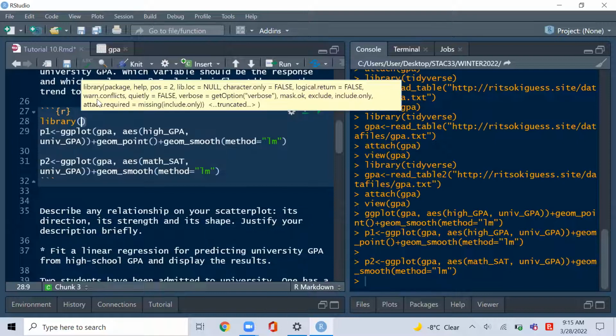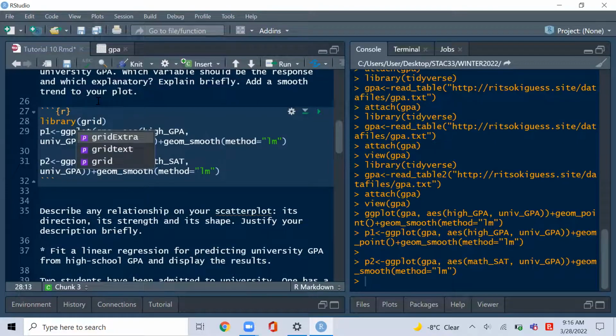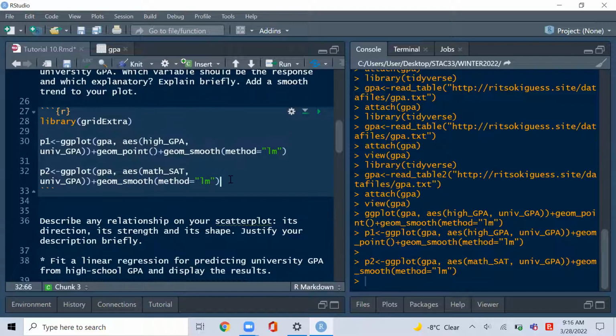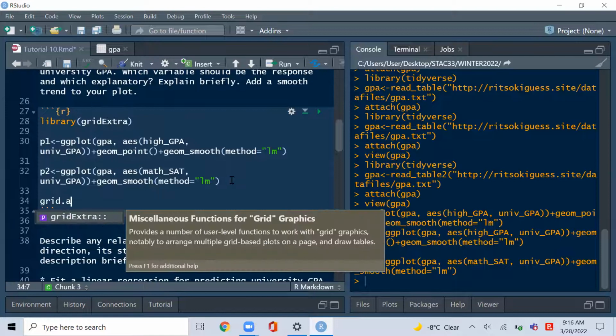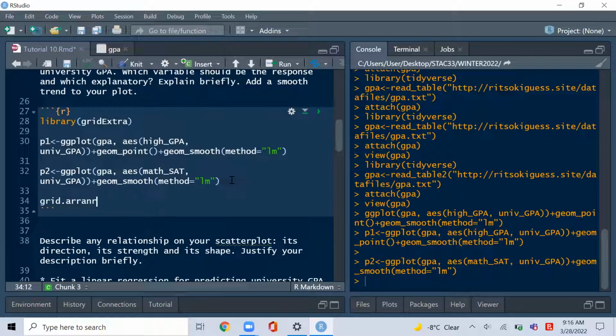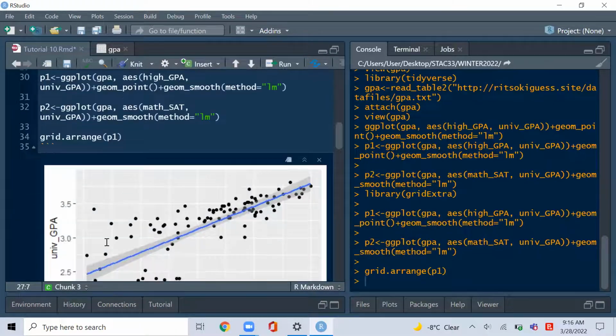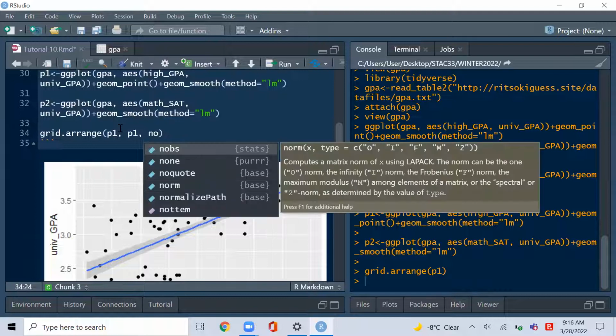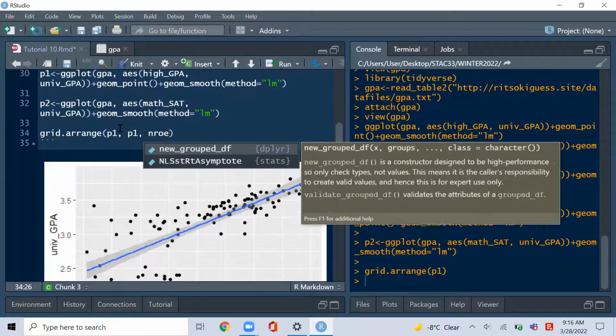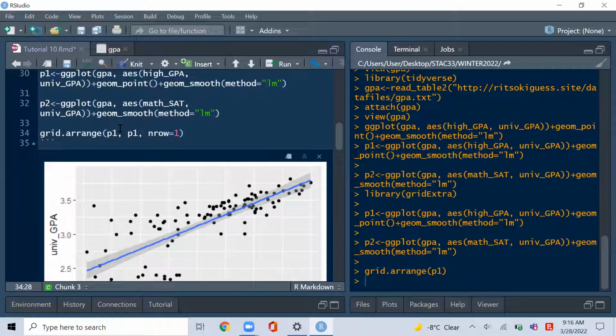So I'm going to use the thing I used last week, which is gridExtra, and I'm going to use grid.arrange to make the panel. Let's just put them on the same row. So I'll just do this.